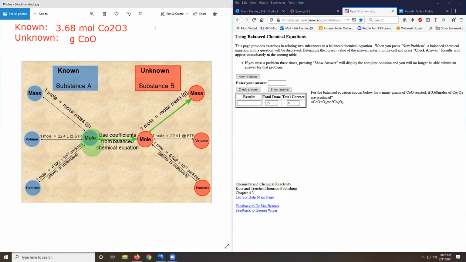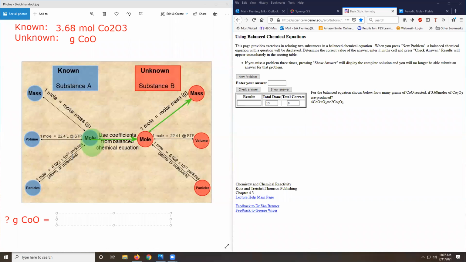When we're doing this, you will write out that we have some number of grams of CoO is equal to, and then we'll have our long series of things going on from there.